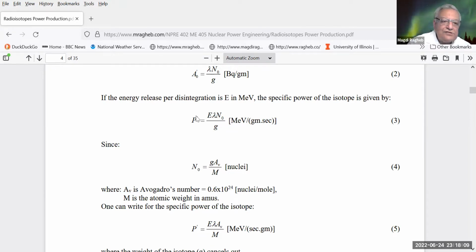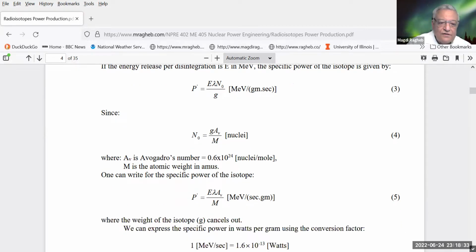And our equation for the power generation per unit weight of the isotope is E, the energy released by the radiation that is characteristic of the isotope, multiplied by the decay constant, multiplied by Avogadro's number, divided by the molecular weight.